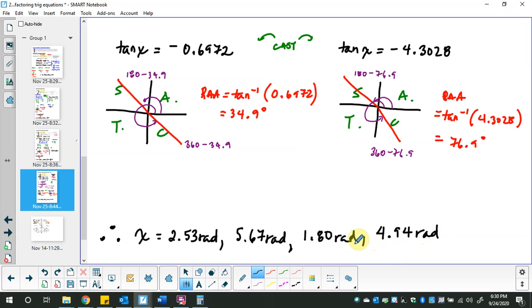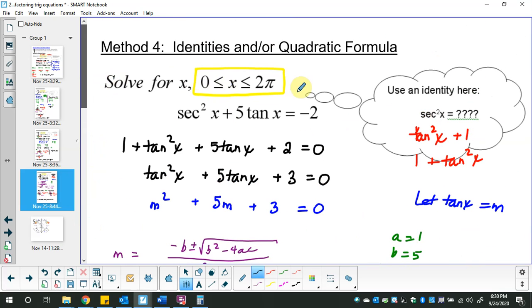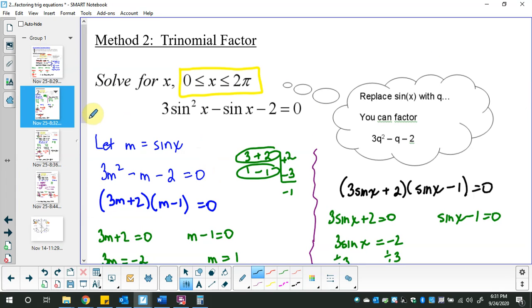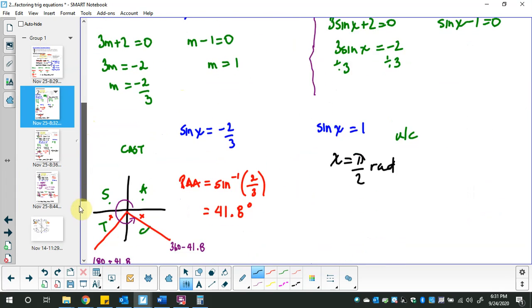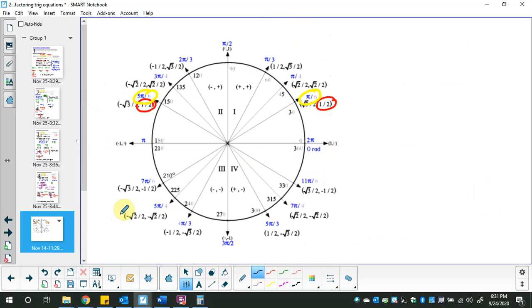If I backtrack through this, you should not always expect 4 answers. It's quite often that you get 4 answers when you're asked 0 to 2 pi, but every once in a while you'll get maybe more, maybe less, depending on the question. So don't make assumptions about the number of answers.